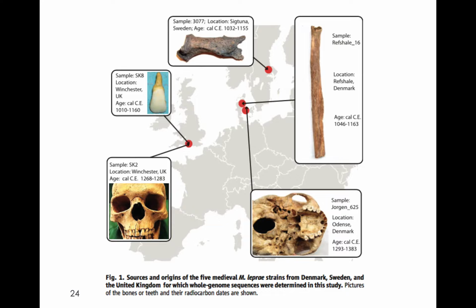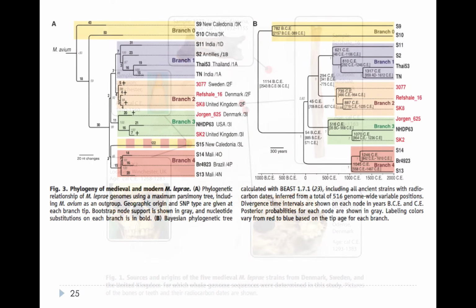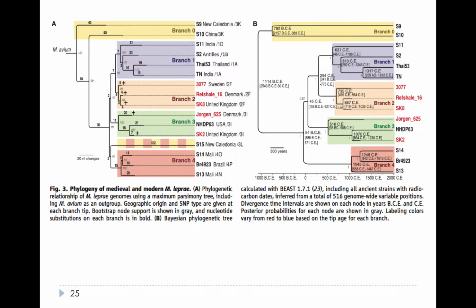And you can see they're all from the mid-range, the Middle Ages there, 11th to 13th century. And when they drew phylogenetic trees, what they're able to show is that you've identified these 5 different branches.